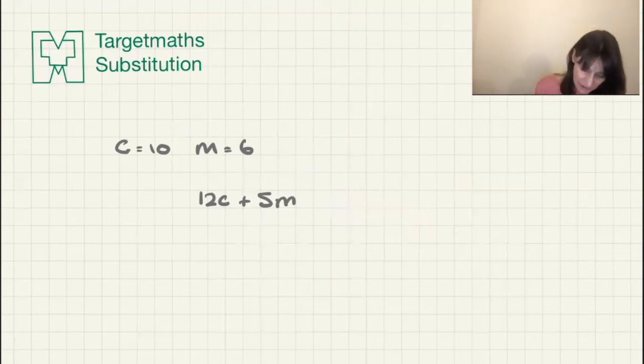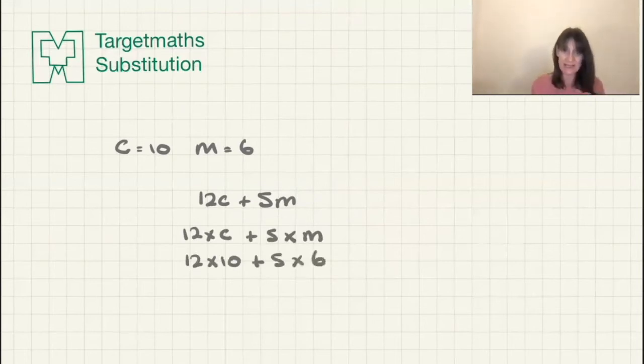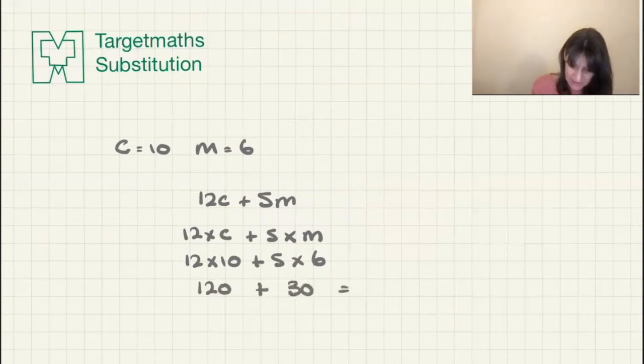So I'm looking at 12 times C plus 5 times M, 12 times 10 plus 5 times 6. So I've replaced the letters with the numbers I've been told. 12 tens are 120. I've got to add 5 times 6, which is 30. So I've got 150.